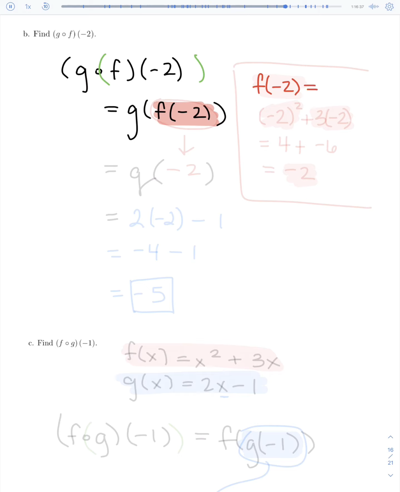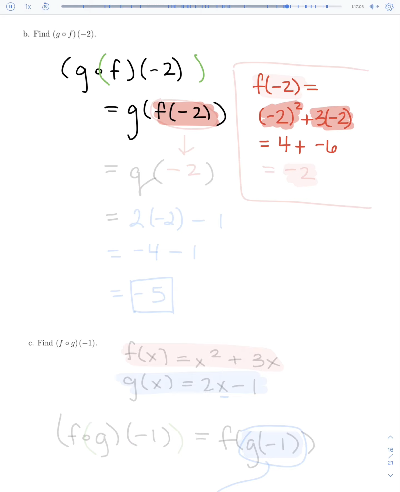So let's try that. Well, on that function, we've got an x that's squared. We're plugging in negative 2, plus we've got a 3 times negative 2. Well, we have to follow order of operations and do our exponents first. So negative 2 squared is going to give us a positive 4, plus then we can go ahead and do our 3 times negative 2, which is negative 6.